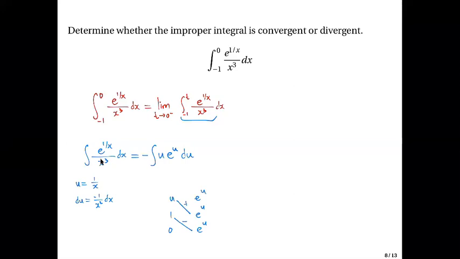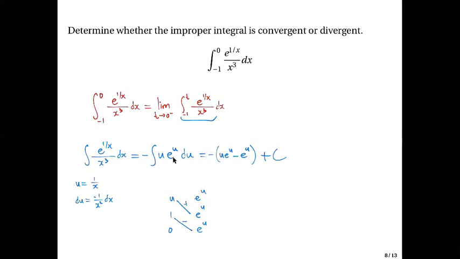If you don't remember this tabular method, you can always use your IBP immediately. But anyway, this becomes minus the quantity u e to the u minus e to the u, and then you have your plus c here.